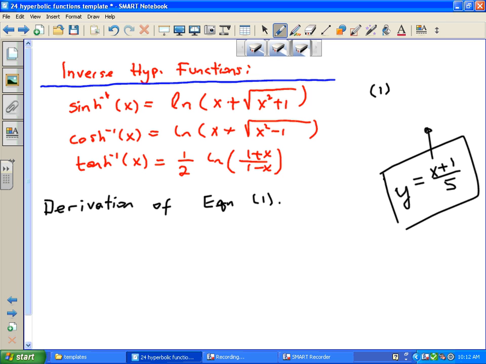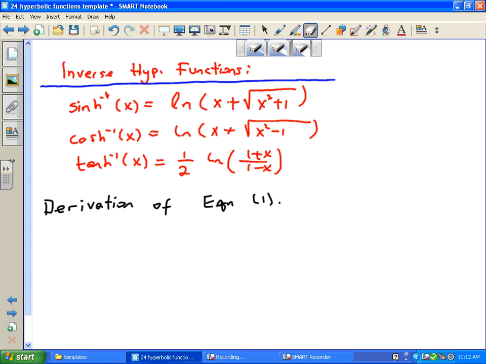To get rid of that complication, we interchange the variables as the first step. But what is an inverse function? A function goes from this set to that set. An inverse function goes the opposite direction, from the y's into the x's.